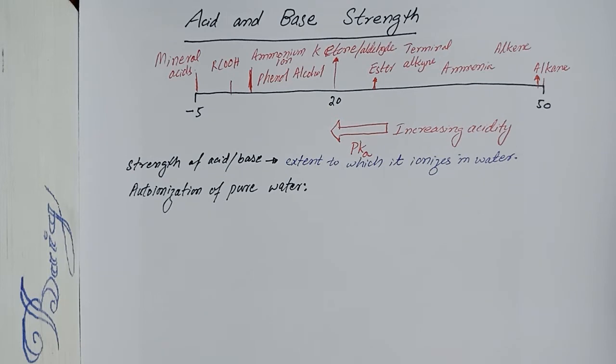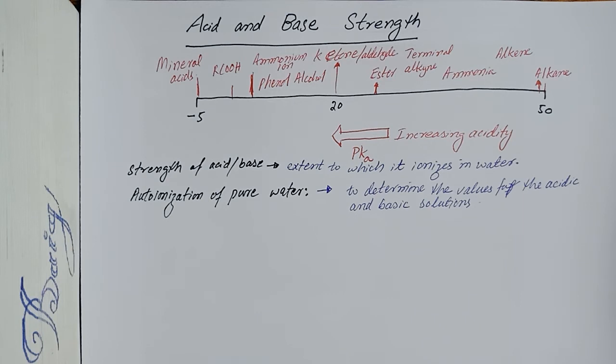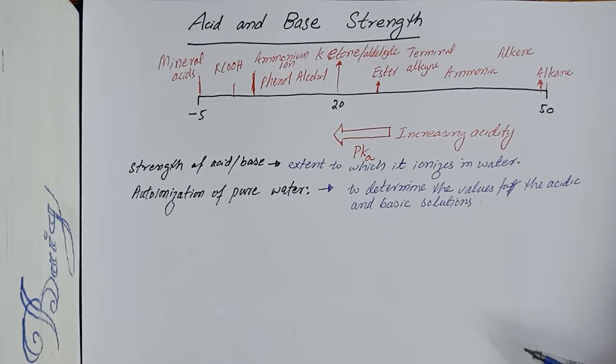Chemists use the autoionization of pure water to determine the values for the concentration of acidic and basic solutions. So the autoionization of pure water is used to determine the acid and base strength for acidic and basic solutions.